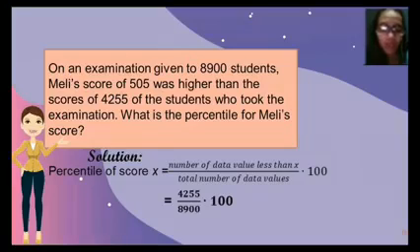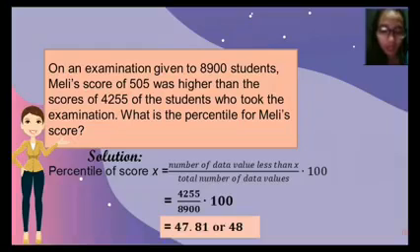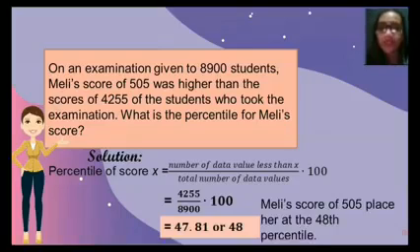To make it short, we will be rounding it to 47.81%, so it will be 48. So this is the percentile of score x. Melly's score of 505 placed her at the 48th percentile. Therefore, Melly is at the 48th place among the 8,900 students.